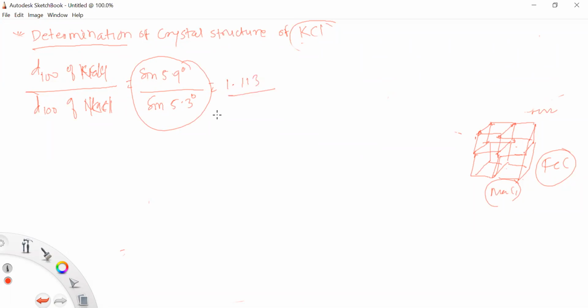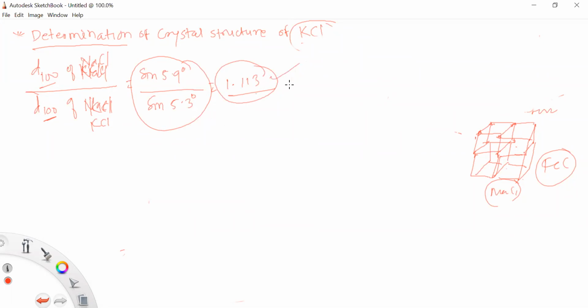So this is the ratio of your one plane of both the values. या दोन्ही KCl ची ही NaCl ची व्हॅल्यूज आहे फर्स्ट फॉर दिस प्लेन. This is the value for KCl for this plane. And if you take the ratio of these values of this same plane of NaCl and KCl, it will come 1.113.